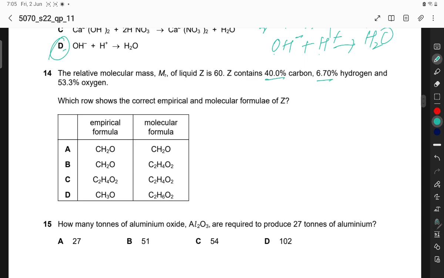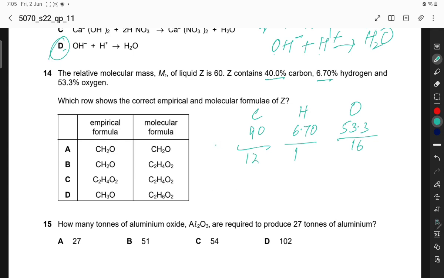The relative molecular mass Mr of liquid Z is 60, and it contains 40% carbon, hydrogen is 6.70 and oxygen is 53.3. Divide by 12, 1, and 16.